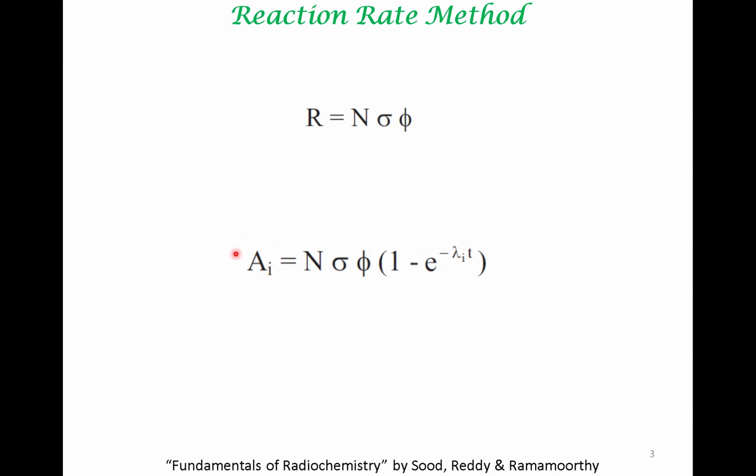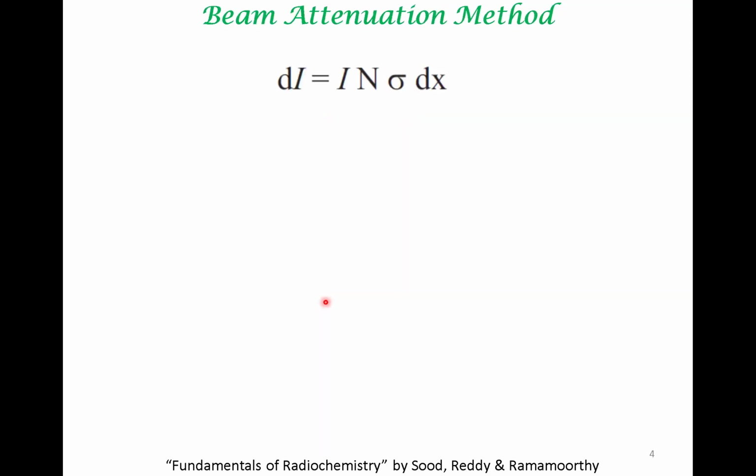This can be measured, and you know the time, and you also should know the decay constant for that particular radioactive species. With all these things, it is possible to get sigma.